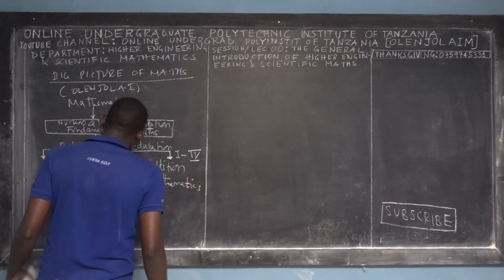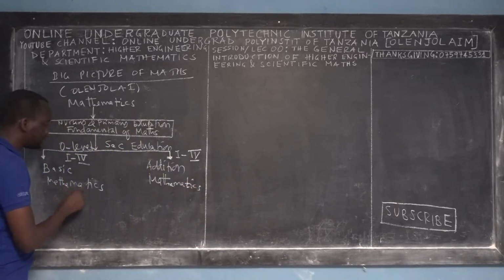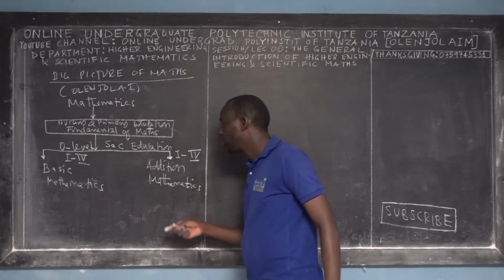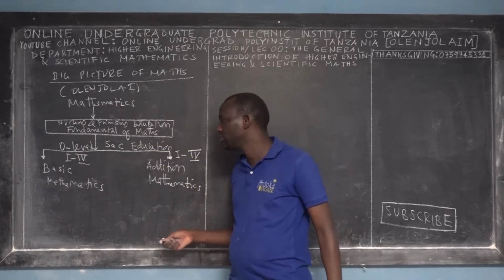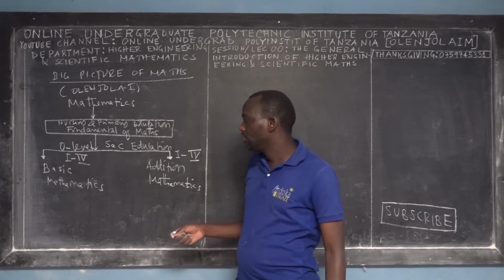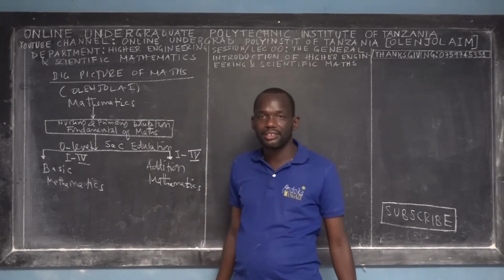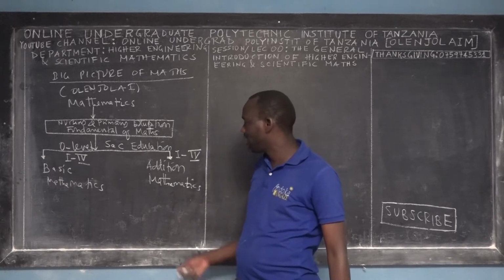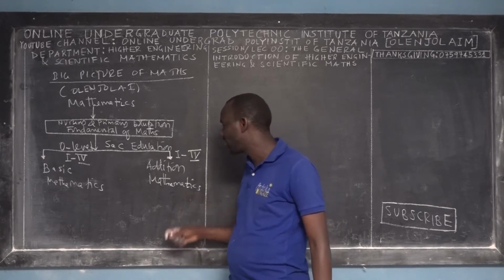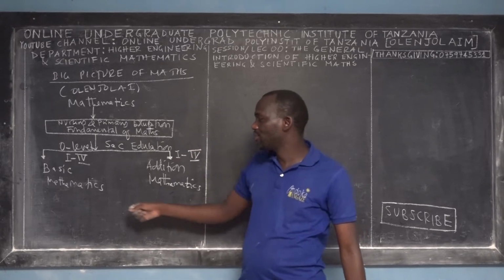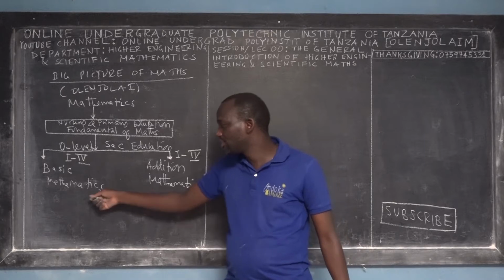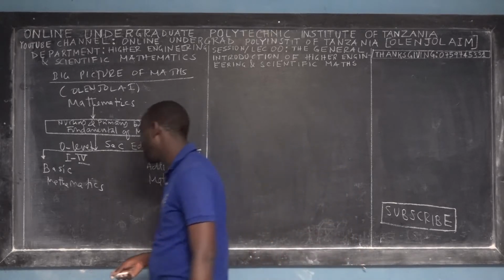Those who took additional mathematics also must learn basic mathematics. But if you are a student with a love of mathematics, the best route is to take both of them, because you get prepared. You won't struggle a lot once you go to A-level education.